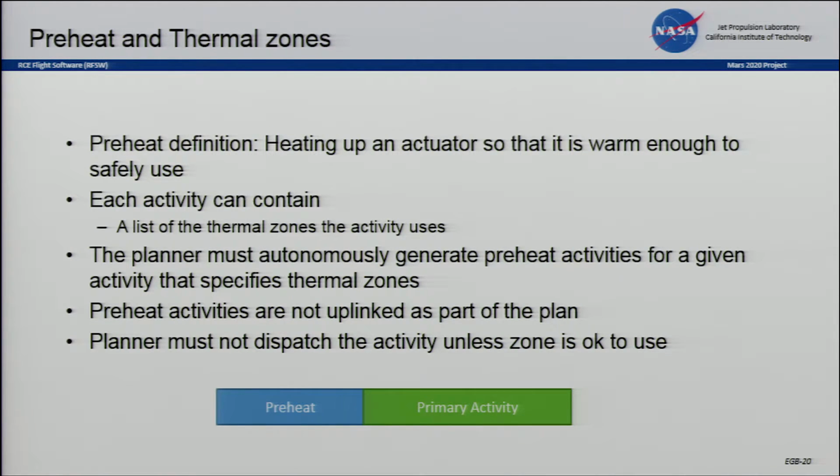As we place the activity on the schedule, we have to schedule both the activity as well as the preheat. Also, as a new requirement for flight software, it's responsible for generating and executing the preheat, monitoring that it's running successfully so that we're at the correct temperature before we run an activity. So that's an interesting new capability.